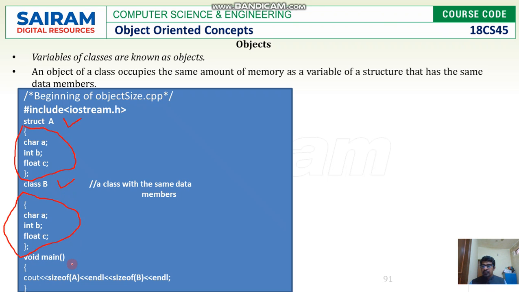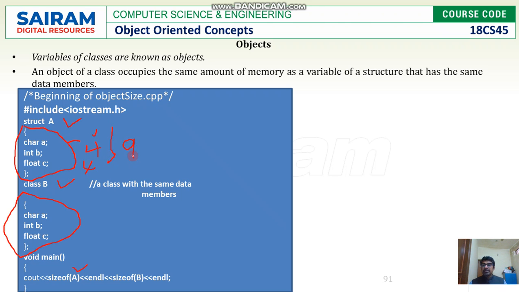And when we print their size, sizeof A, what is going to be the size for A? If character takes 1 byte, int takes 4 bytes, and float takes 4 bytes, this is going to be 9 bytes.